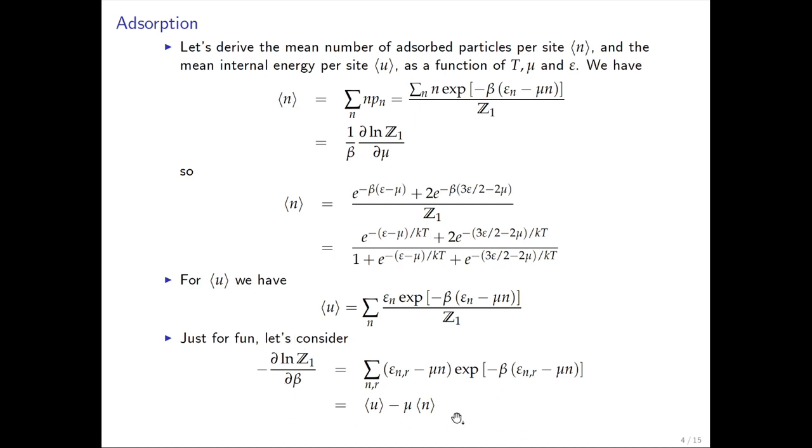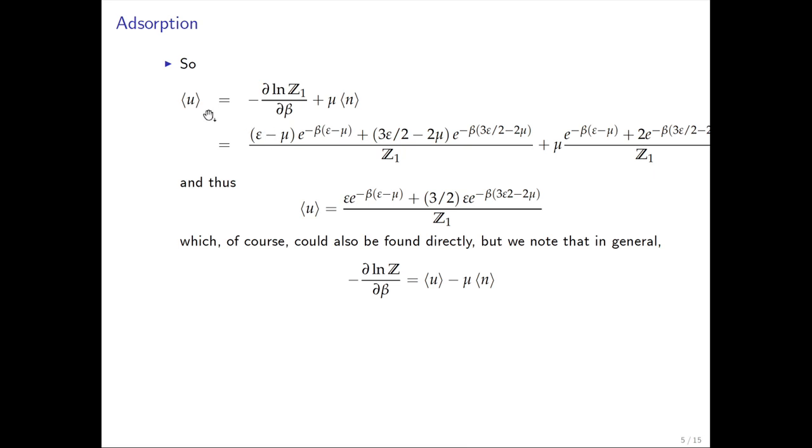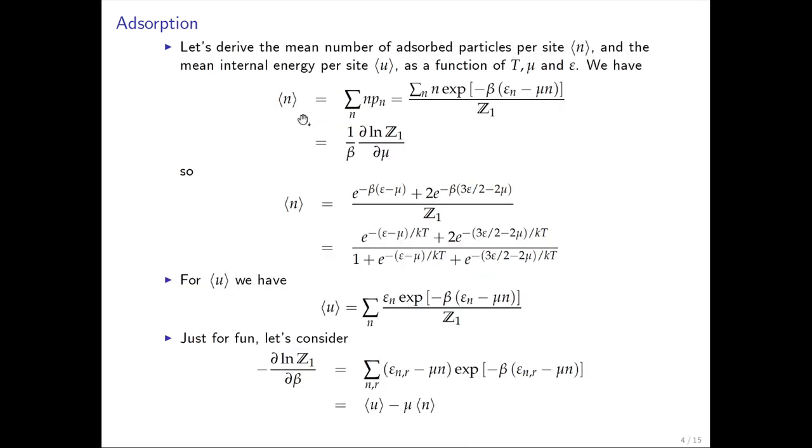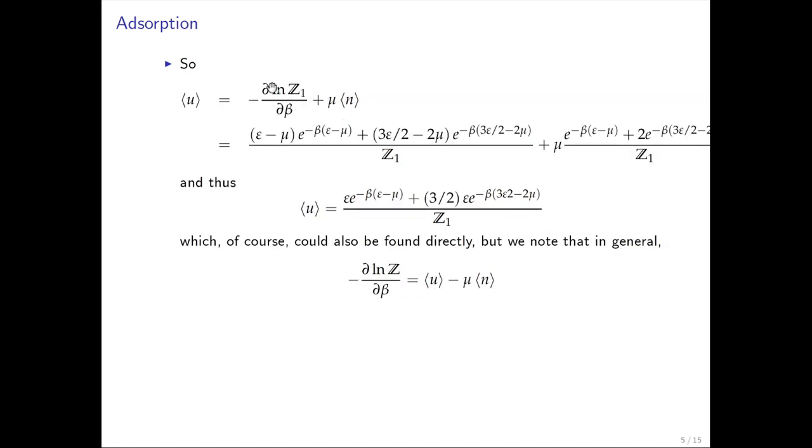Let's just follow through and get that. Let's explicitly, for this example, write out these terms. So once again, we have ⟨u⟩ as this partial derivative. Let's solve this for u: move the mu term over here and write this in terms of ⟨u⟩, and we get this expression.